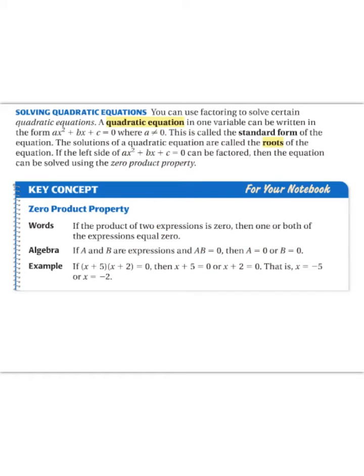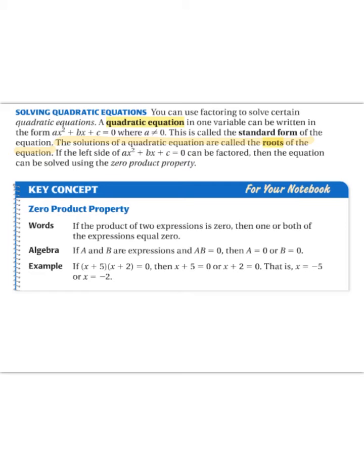Alright, there's a lot of words on this slide, but you don't need to write down anything unless I highlight it. So the top part is basically saying what we already know is that a quadratic equation can be written in standard form. The new part is that the solutions of a quadratic equation are called the roots.